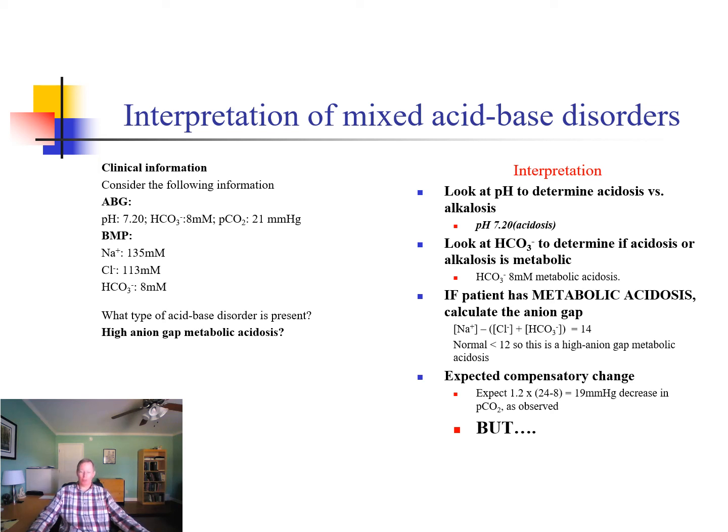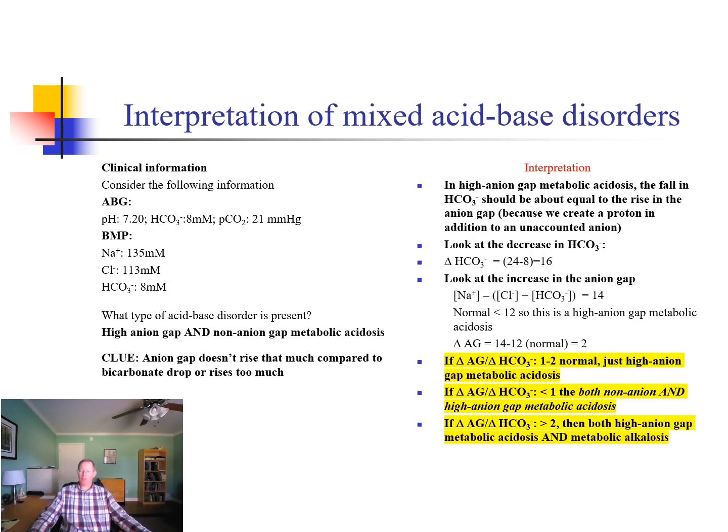So let me tell you the whole story now. I also have the possibility of a mixed disorder involving metabolic processes. I could have a high anion gap metabolic acidosis and a non-anion gap metabolic acidosis. Or I could have a high anion gap metabolic acidosis and a metabolic alkalosis. How do I distinguish between those three conditions?